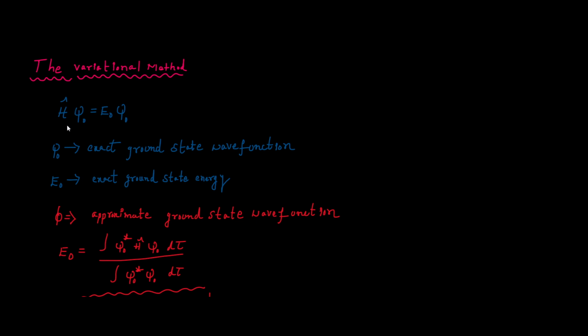For example, if you look at this equation, this is the Schrodinger wave equation. Here the wave function psi naught is the exact ground state wave function, and E naught is the exact ground state energy. So this one is a trial wave function, which means this is an approximate ground state wave function.